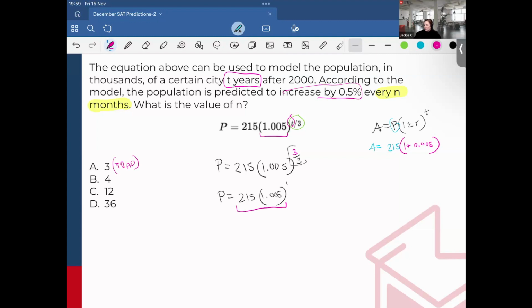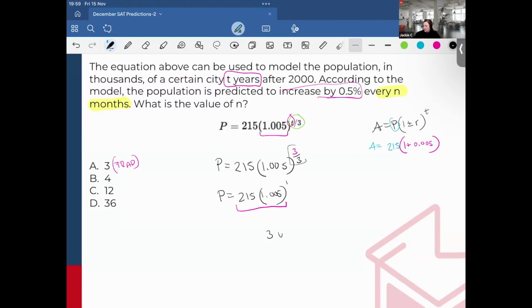That would be in years, but basically every 3 years, the population increases by 0.5%. Okay, so if it's 3 years, now we just need to convert it into months. There's 12 months in a year, and then 36. And therefore, 36 would be our answer.